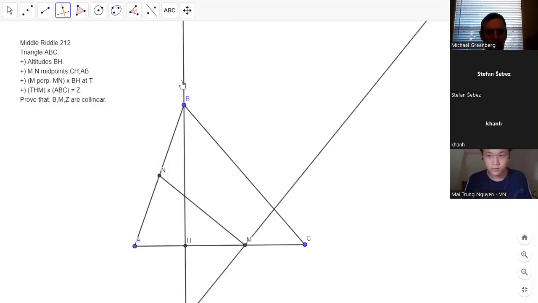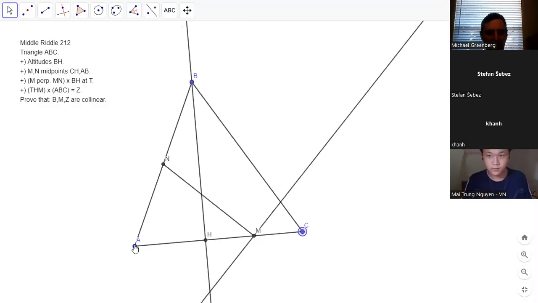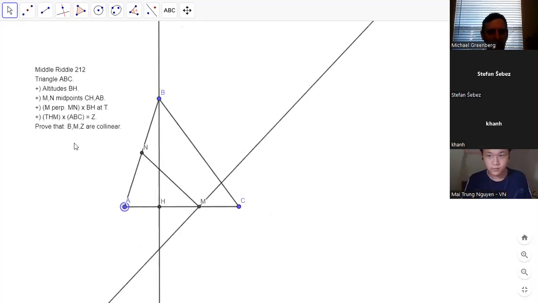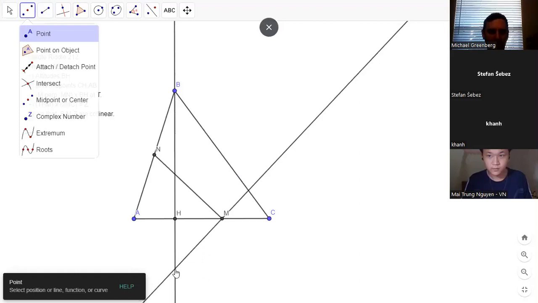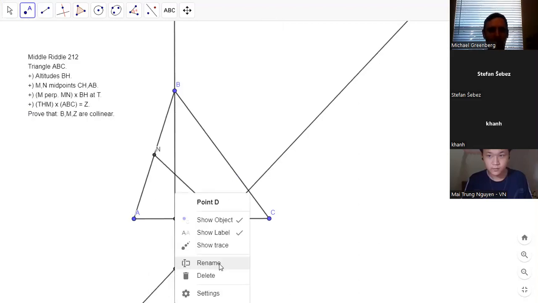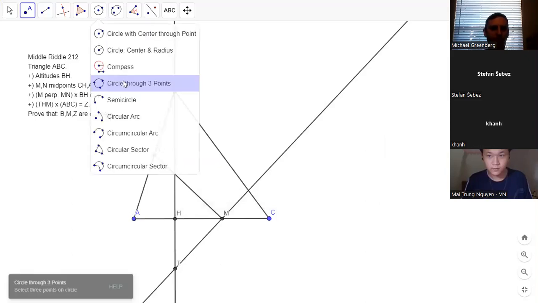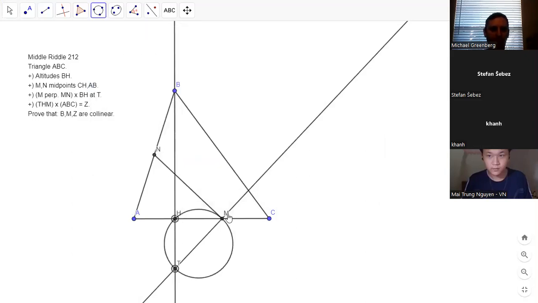And THM intersects ABC at Z. Okay, so this is T. And THM intersects ABC at Z. And we want to show that B, M and Z are collinear.